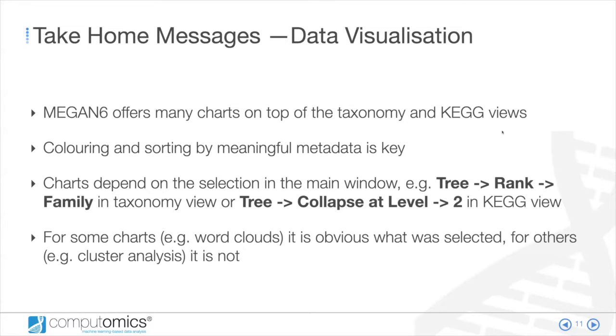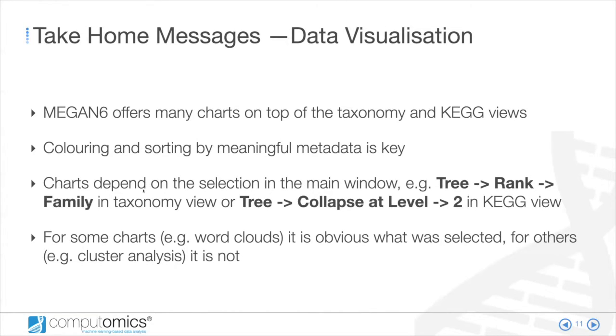So I just wanted to reiterate the few take-home messages from the interactive parts. For the data visualization bit, there are many more charts on top of the taxonomy and CAC views, and it's worth exploring them, and you can really get a lot of information out of it. What's really important is that you use metadata, so that you import your study metadata and give your samples some meaning.